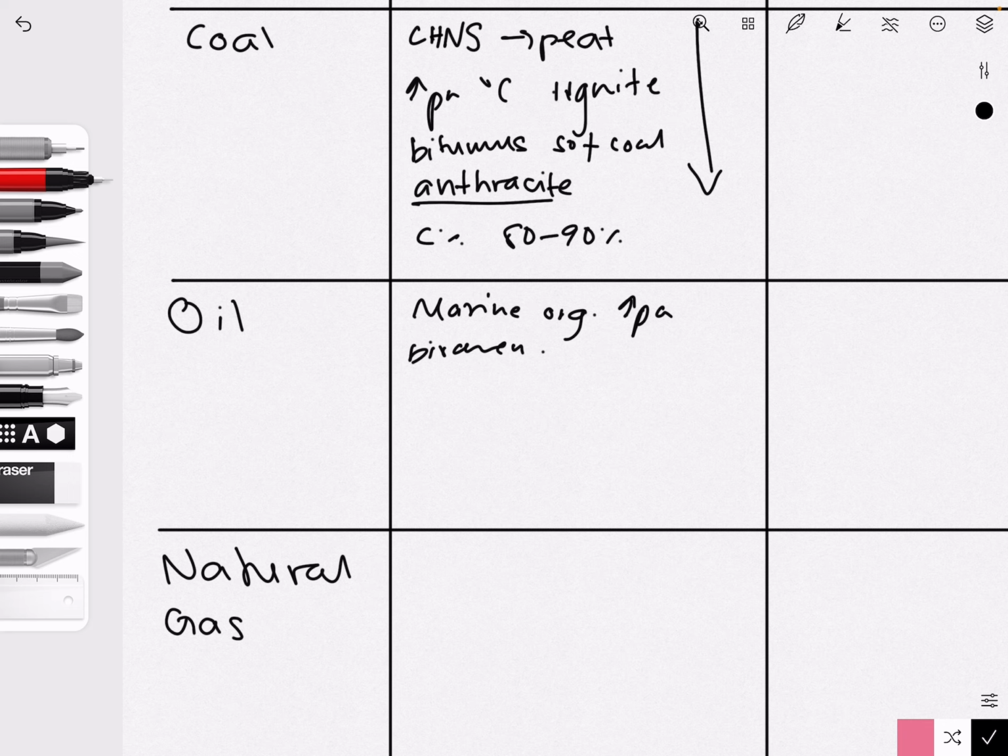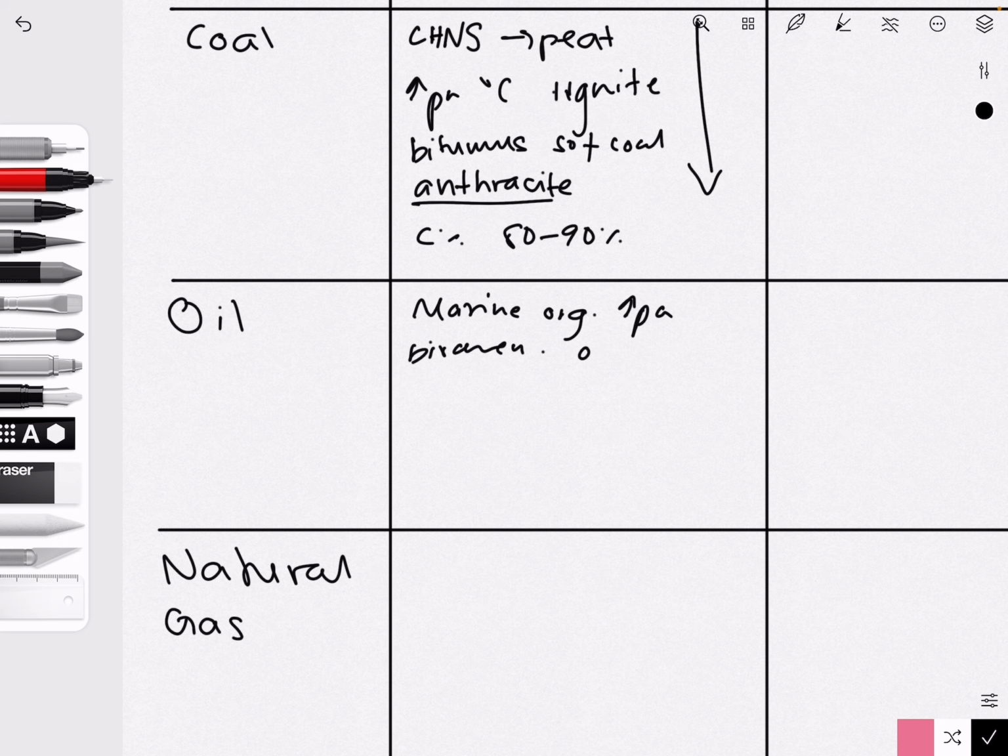And what happens here is that under these high pressures and with the help of these organisms or bacteria or whichever decomposers which are present in these layers of sediment, they will help break down the organic matter into crude oil.